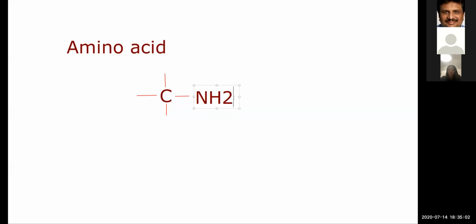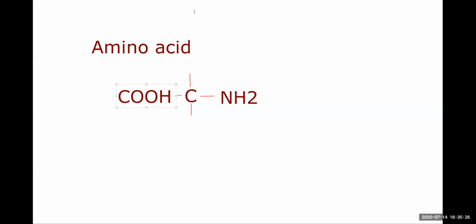Then it is joined to a carboxylic group, COOH, and these O's are big O's. Then hydrogen here, and the last one is the R group.